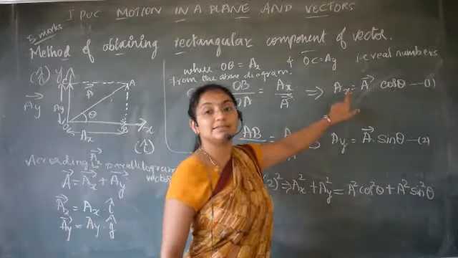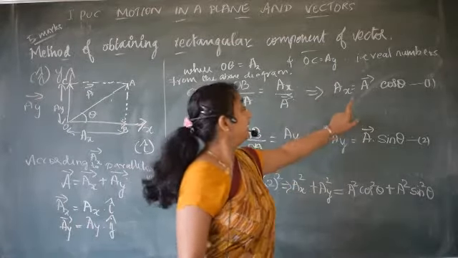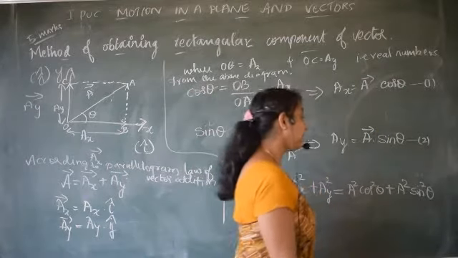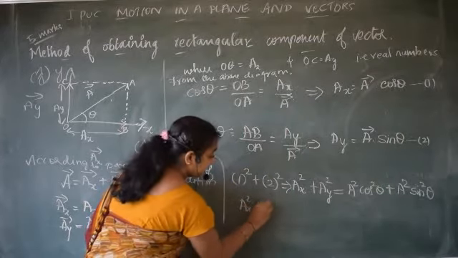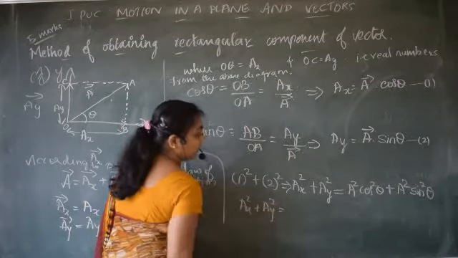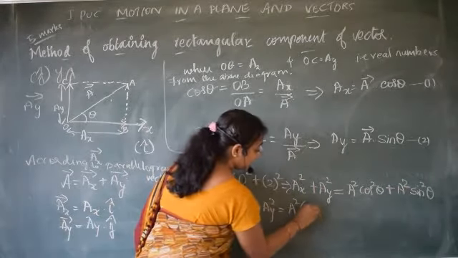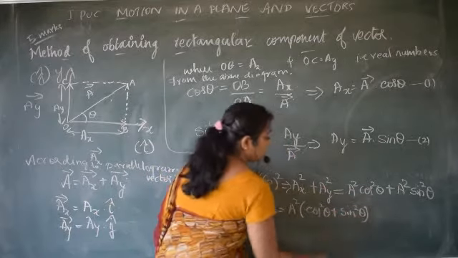Squaring, AX becomes AX square plus AY square, equal to A square cos square theta plus A square sin square theta. See here, AX square plus AY square is equal to A square, which is common, into cos square theta plus sin square theta.